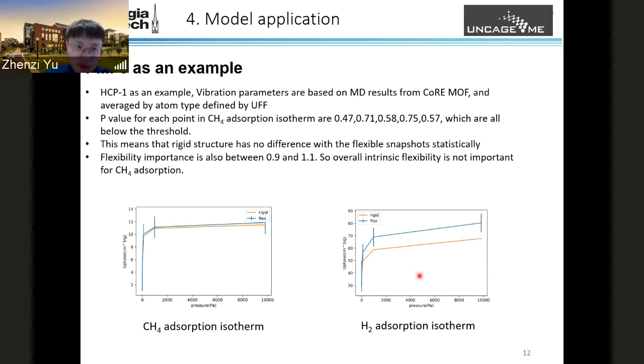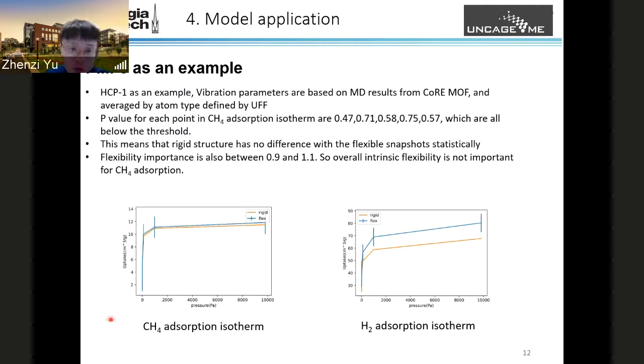Here I picked PAF-3 as the example. We can see from this figure that the vibration parameters are based on MD results from CoRE MOF and are averaged by atom type defined by UFF.